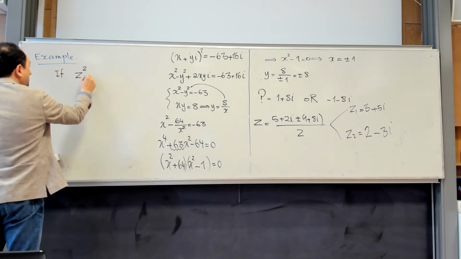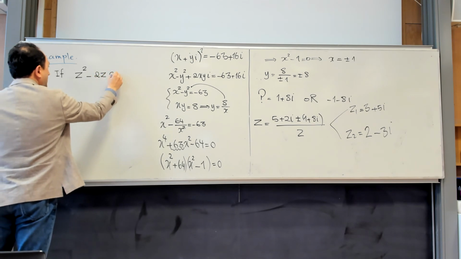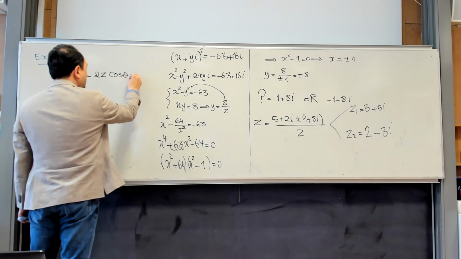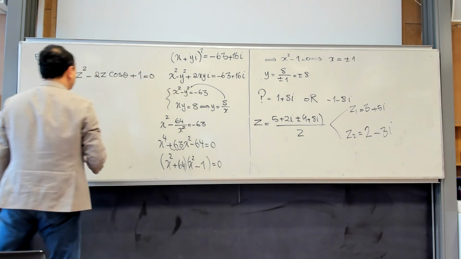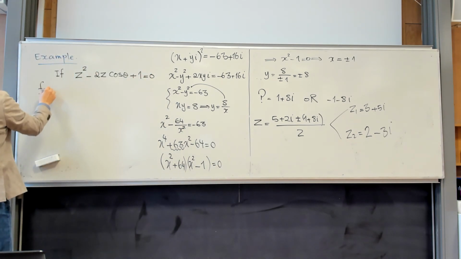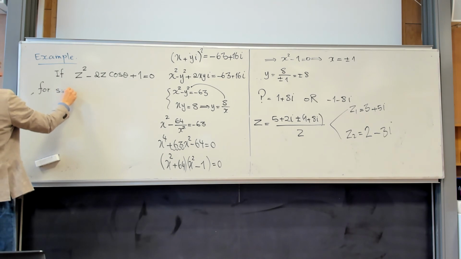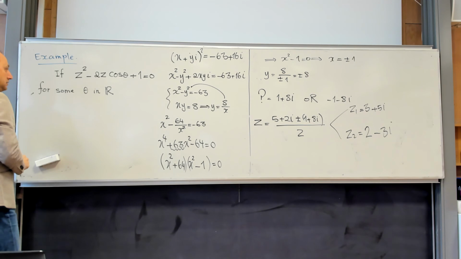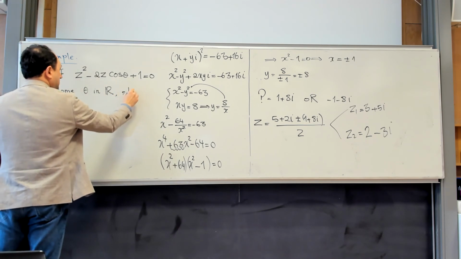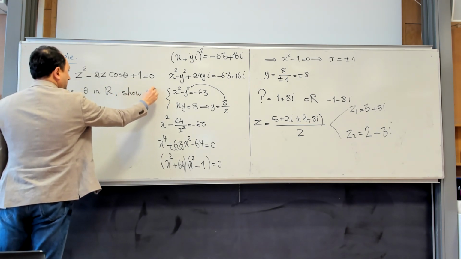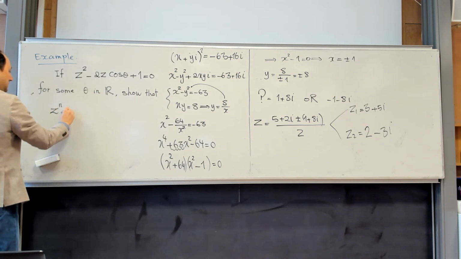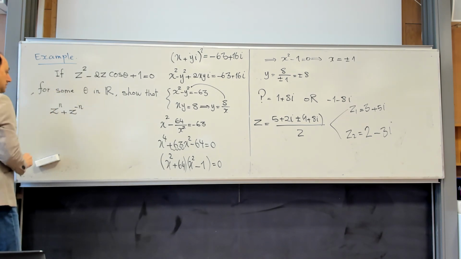If z squared minus 2z cosine theta plus 1 is equal to 0 for some theta in the real numbers R, show that z to the power n plus z to the power minus n.